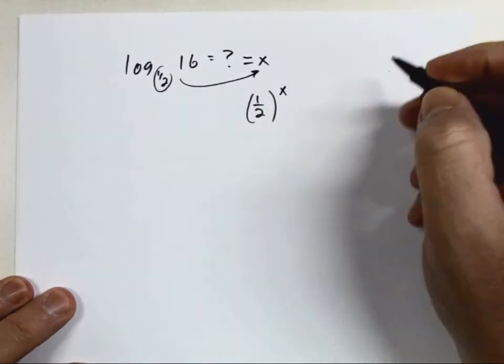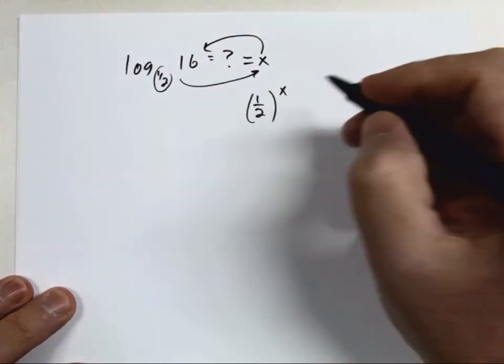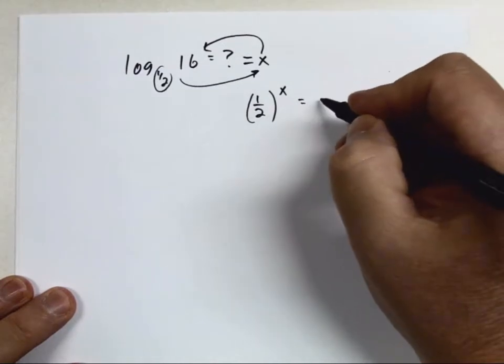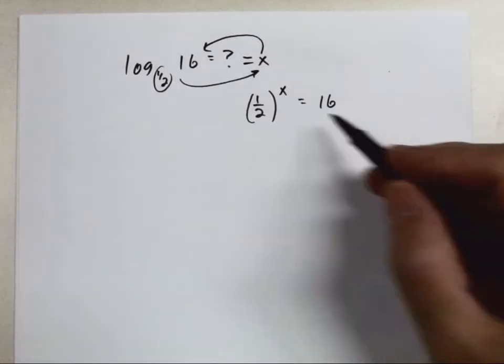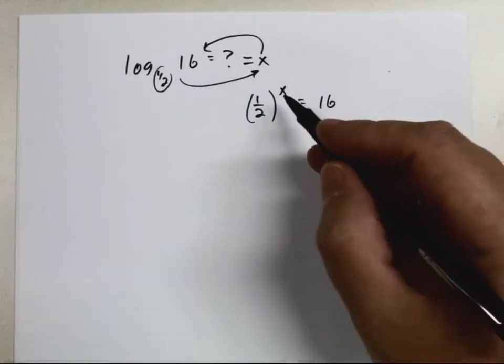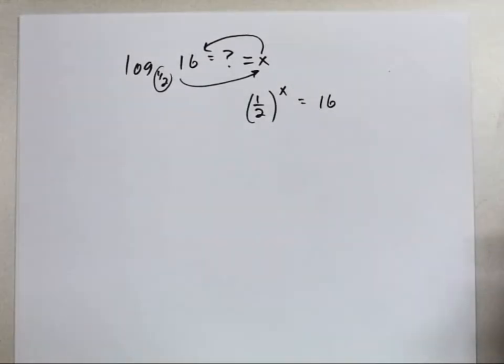One half to the x equals 16. That looks a little tricky. So here's one that I've converted into an exponential equation.